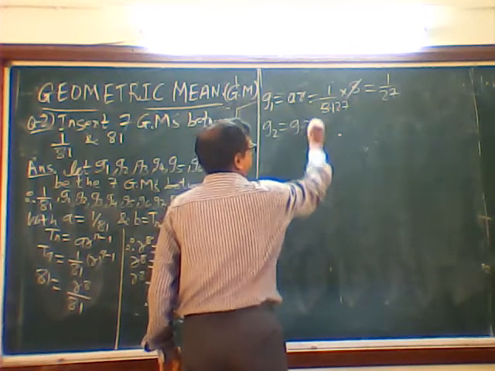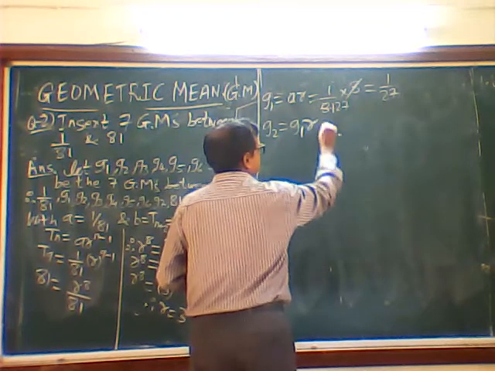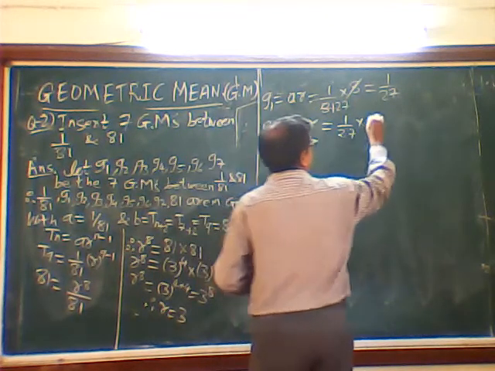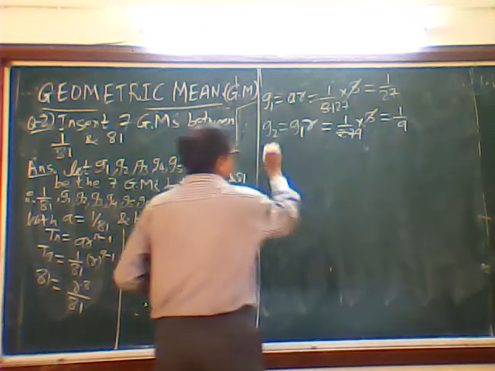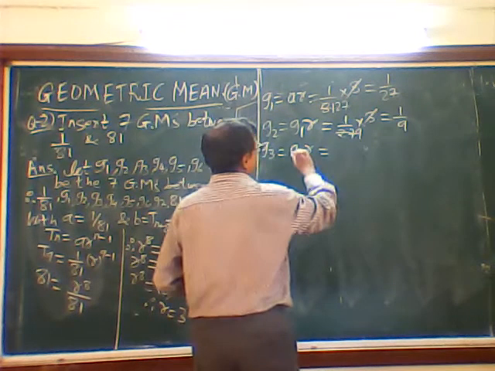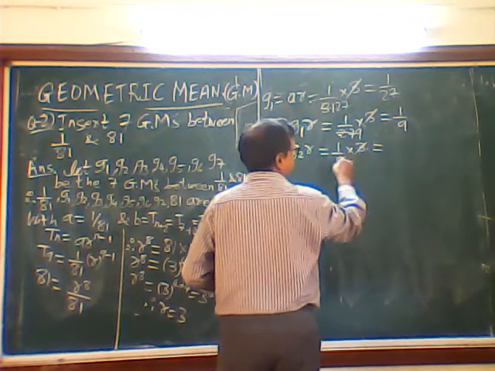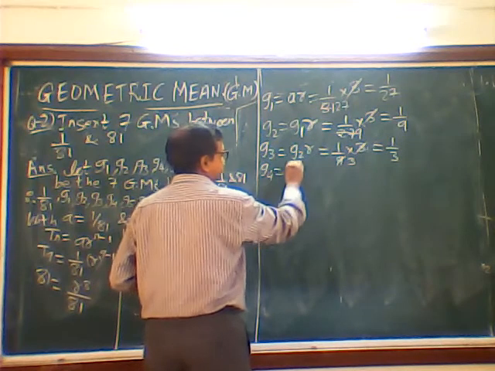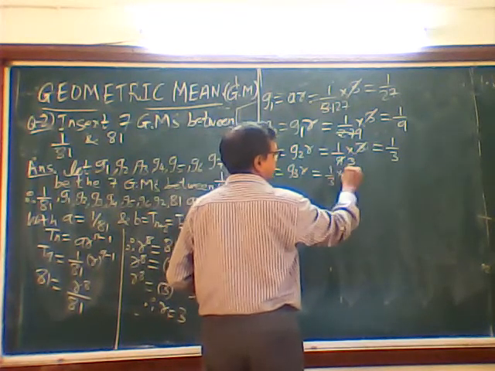Then what will be G2? G2 is G1R. What is G1? 1 upon 27 into R, which is 3. Again 3 1s are 3, 3 9s are 27, so 1 upon 9. Then G3. G3 is G2R. What is G2? 1 upon 9 into R. 3 1s are 3, 3 3s are 9, so 1 upon 3. Then what is G4? G3R. G3 is 1 upon 3, R is 3.